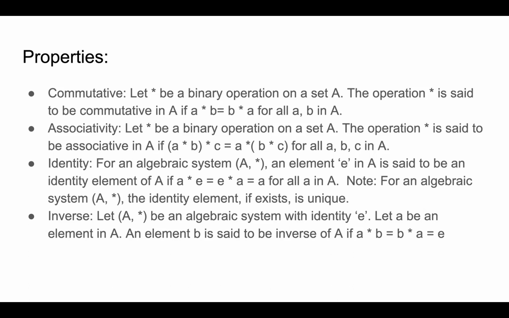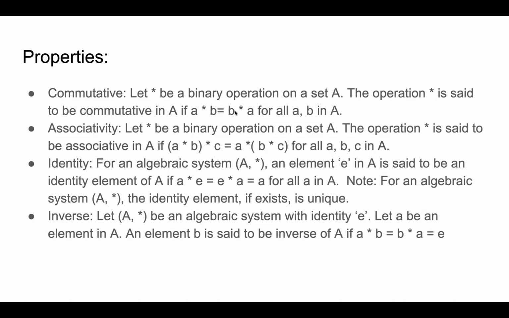It may be addition, subtraction, division, multiplication. The operation star is said to be commutative in A if A star B is equal to B star A for all A, B in A.